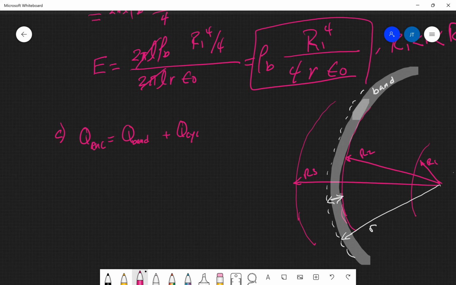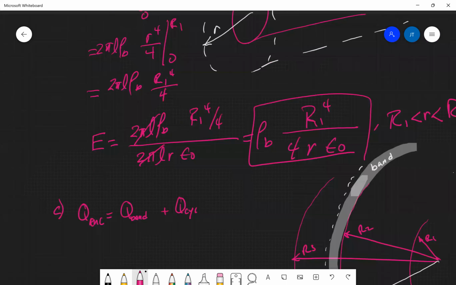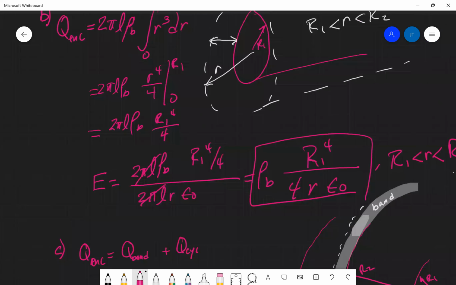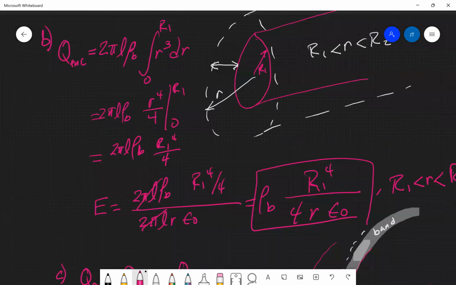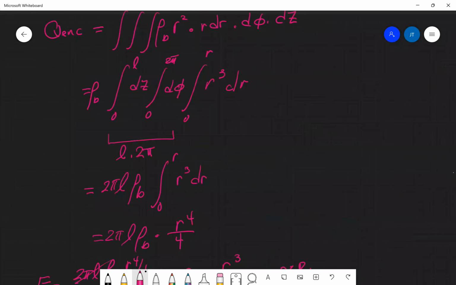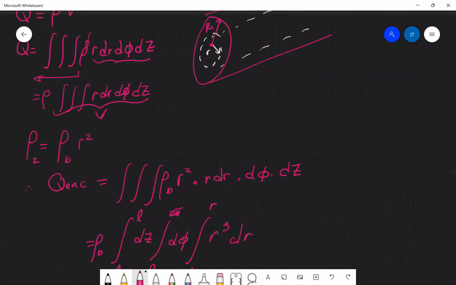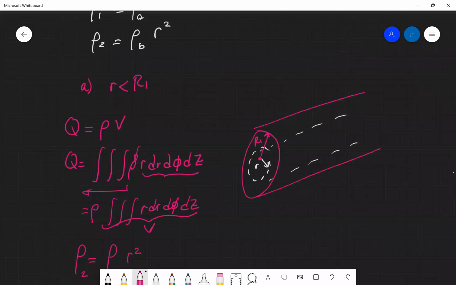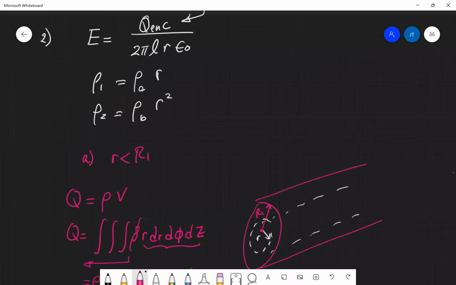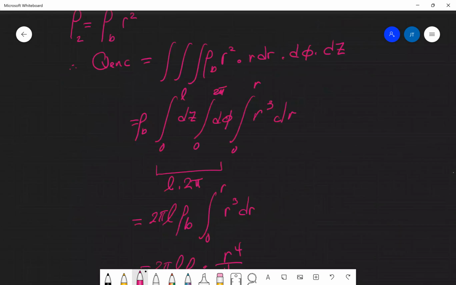Well, how much charge is enclosed in the cylinder? I just computed this right here, so I already know this. I just need the Q in the band. And now I have to use rho 1, because rho 1 is the density in the shell, and that's rho A r.